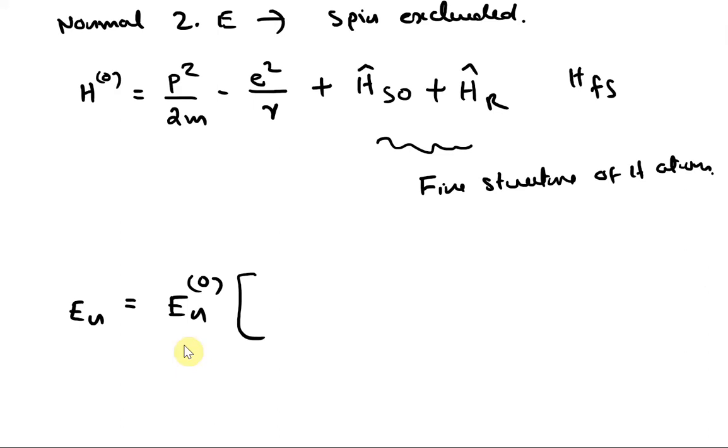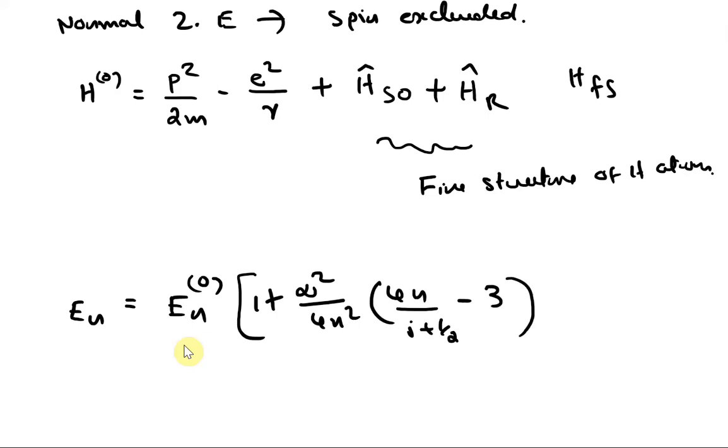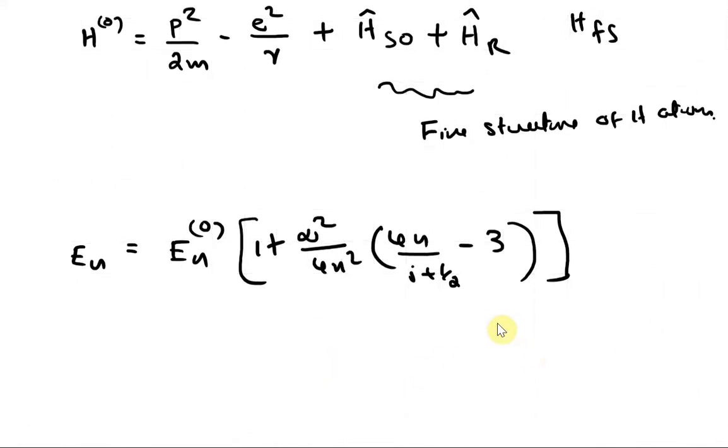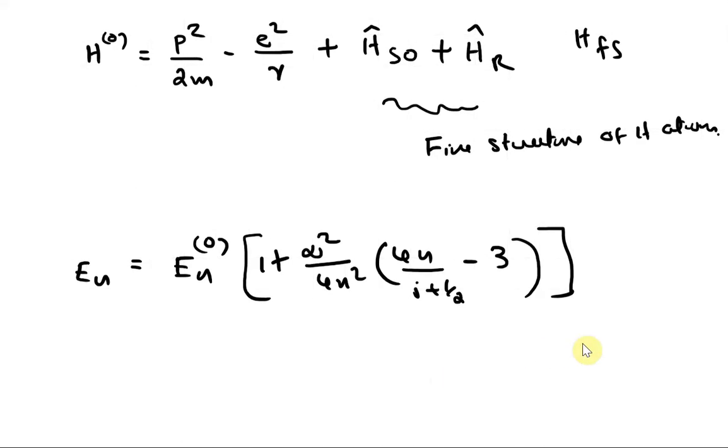So that is going to be E_n0 into 1 plus alpha square divided by 4n square into 4n divided by j plus half minus 3. This is the expression with the incorporation of these two corrections. So this is our E_n, the energy correction of our hydrogen atom.